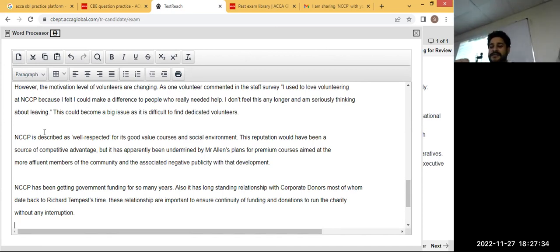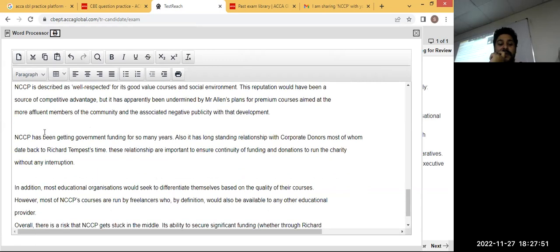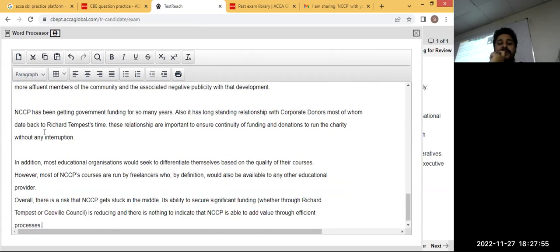It also has long-standing corporate donors, most of whom date back to the Richard Tempest time. These relationships are important to ensure continuity of funding and donations to run the charity without interruption. In addition, most educational organizations would seek to differentiate themselves based on the quality of their courses.